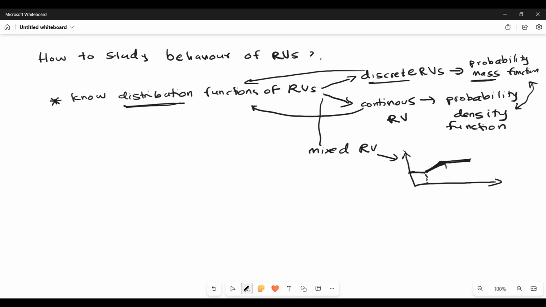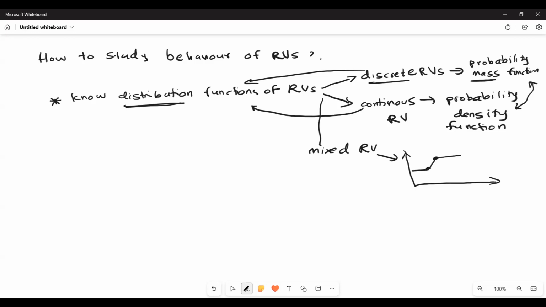Basically, there will be some points where we have discontinuities; the function is not that smooth. At some points the function has fixed values, and then you will have continuous values.